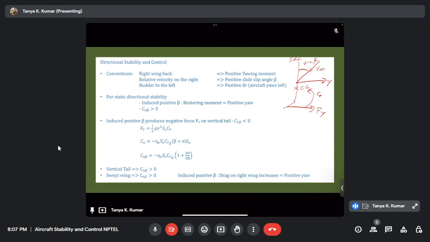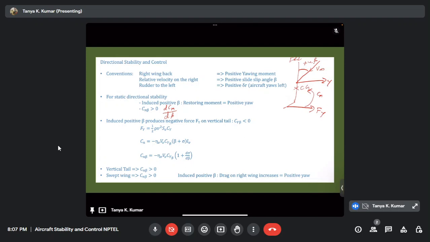Now let's see for static directional stability, what is the condition required? We require Cn beta to be positive. What is Cn beta? dCn by d beta. If the aircraft is subject to a positive side slip, how do you negate it? If the aircraft is statically stable, it should show a tendency to go back to equilibrium. What is the restoring moment that we should have such that the positive beta effect is negated? We should have a positive yawing moment, right?